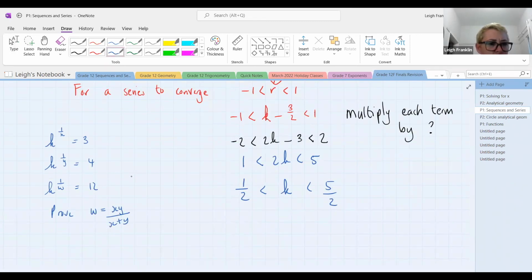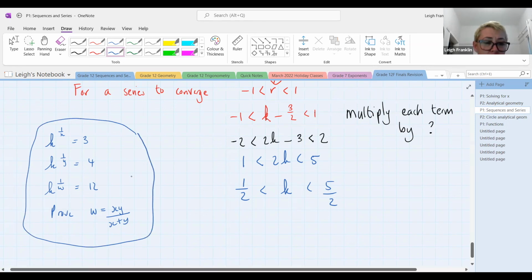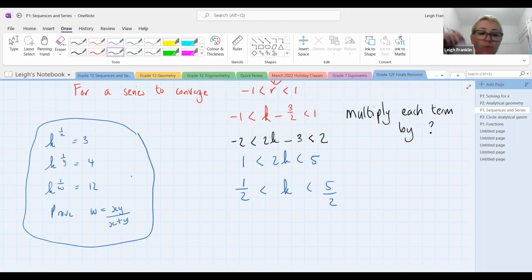So yes. k to the 1 over x equals 3, k to the 1 over y equals 4, and k to the 1 over w equals 12. Prove that w equals xy over x plus y. Okay, so what I'm going to do, Nick, is I will work this out for you. Unfortunately, I'm not going to have time to do it now because Nelly and I have to go and teach another class.